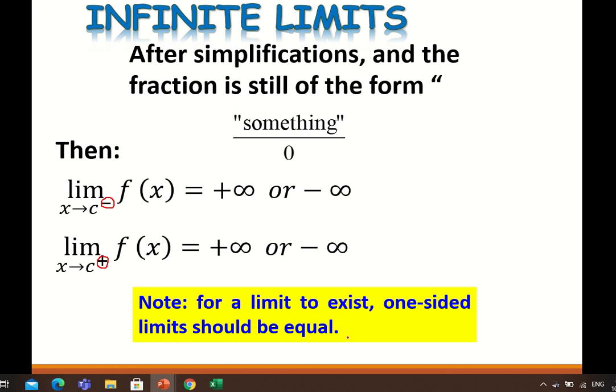Then we can say that the limit of the function exists. So we have to test whether the value of the limit of the function from the left and the limit as x approaches a certain value c from the right are both equal. Otherwise, the limit does not exist. Now, it's related to our previous discussion, it's just that this time we are having infinite limits.